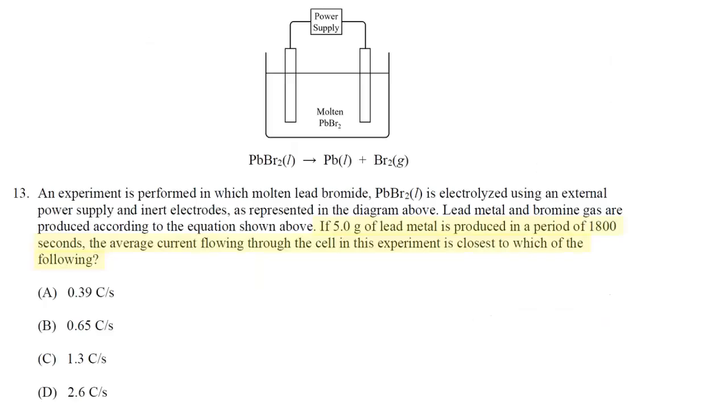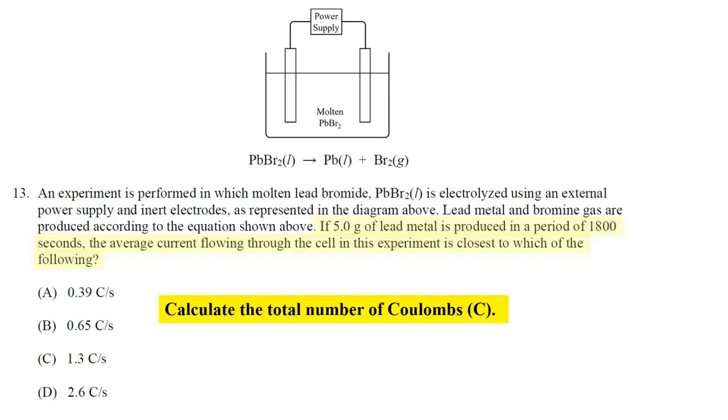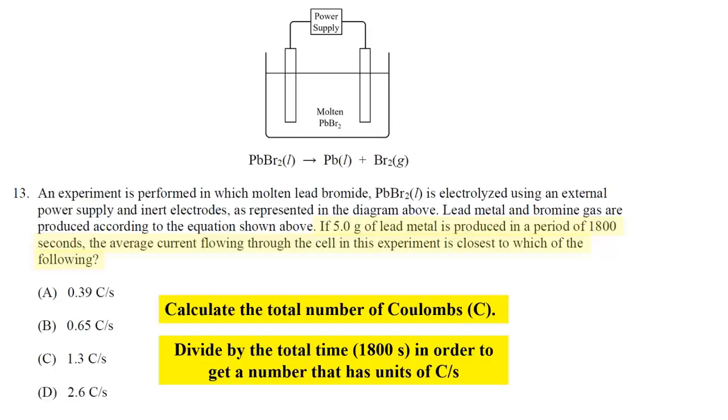So our strategy is going to be to first calculate the total number of coulombs involved with 5 grams of lead metal, and then take that number of coulombs and divide by the total time, which is 1800 seconds, because then we will get a number that has units of coulombs per second.